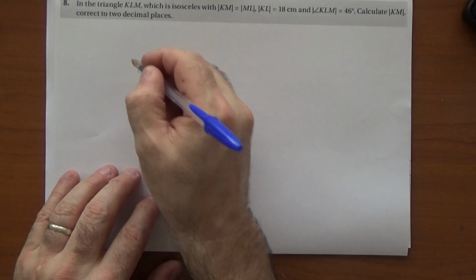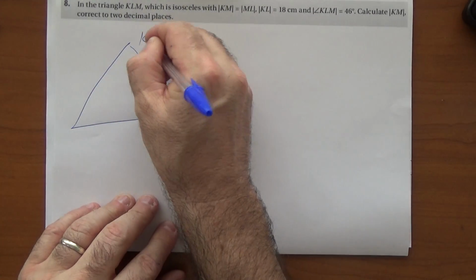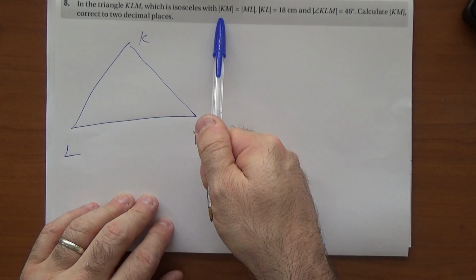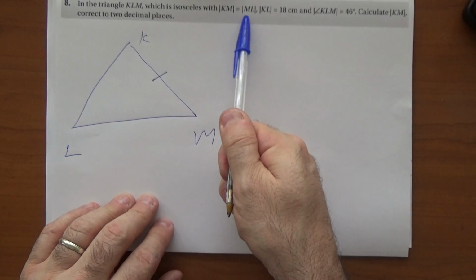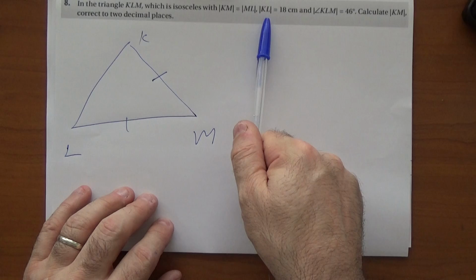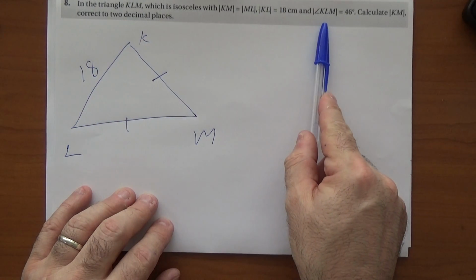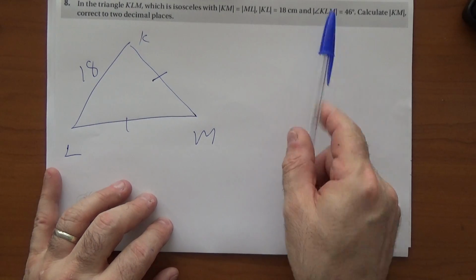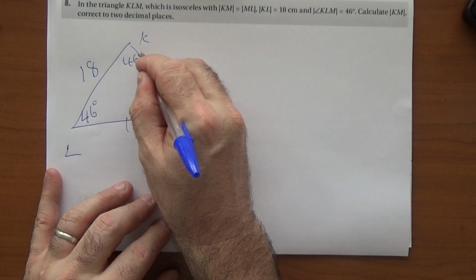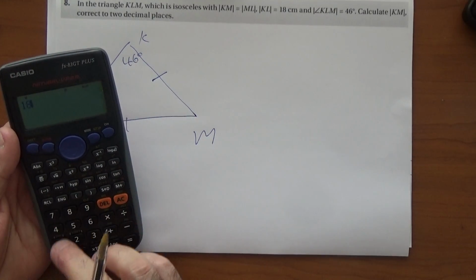Okay, question 8. I don't even care what it says out there. I'm getting my KLM in. KLM, which is isosceles with KM equal to ML, and KL length is 18, and the angle at L is 46. That's a base angle, and the other angle is 180.